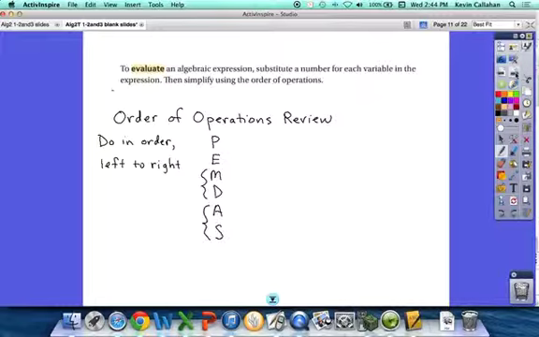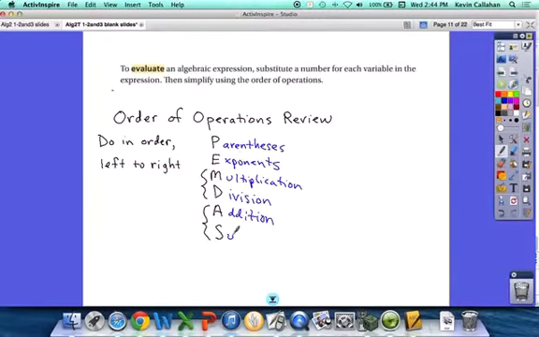So what do all those letters stand for besides please excuse my dear Aunt Sally? Parentheses, exponents, multiplication, division, addition, and subtraction.